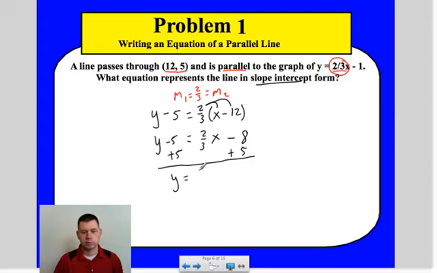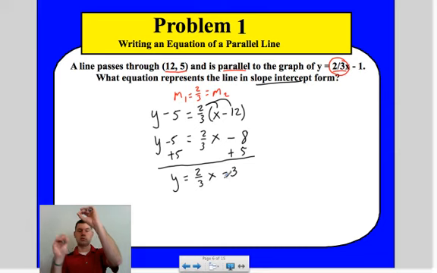We get y = 2/3x - 3. And you'll notice from the equation up here, 2/3 is still the slope down here. However, they have different y-intercepts, which means they're crossing at different points on the y-axis, but they're rising the same amount. So that does confirm that we are parallel.